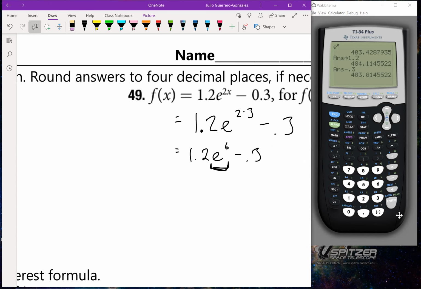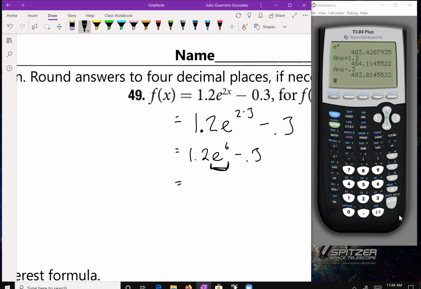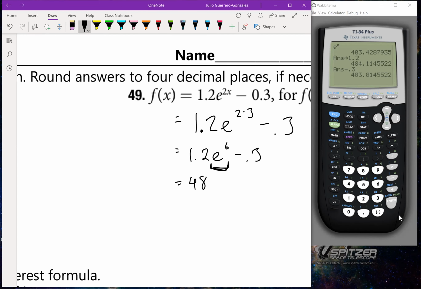And then you need to do the minus 0.3. Yes, and then I got 483.81. For some reason the math came out weird. I think that's the same thing I was saying. That's why I was like, something went wrong. But no, you were perfectly fine. I was incorrect.